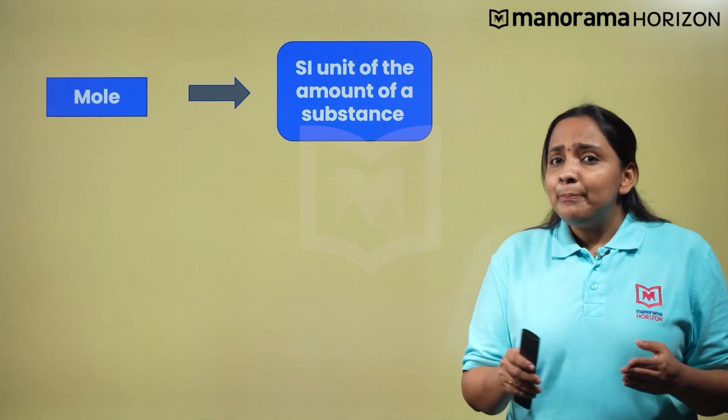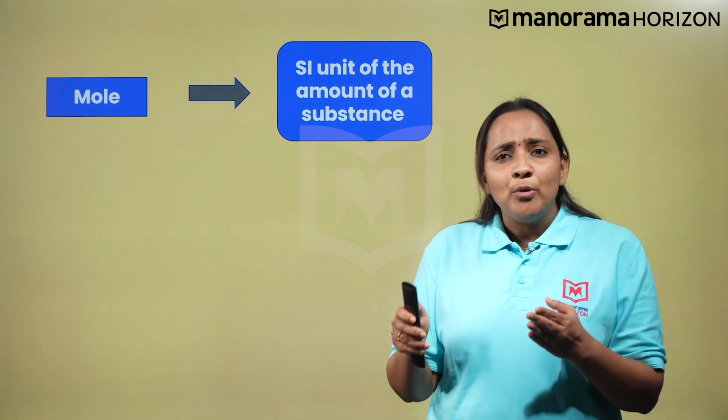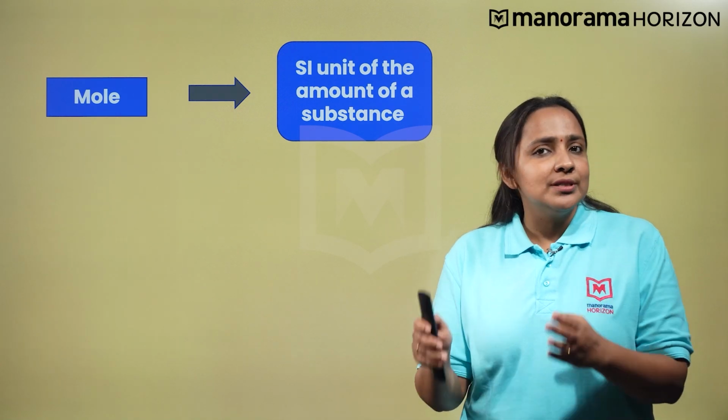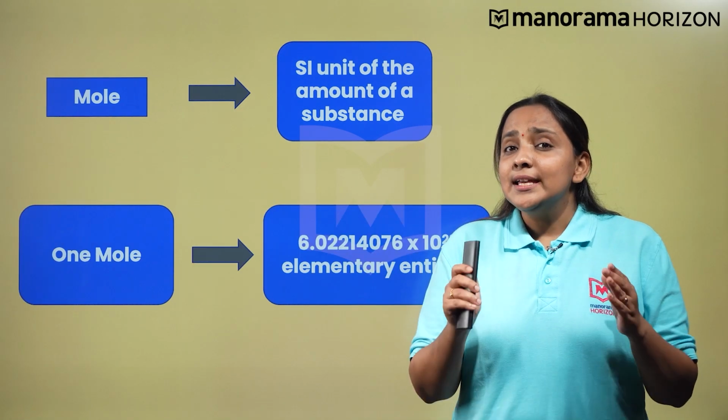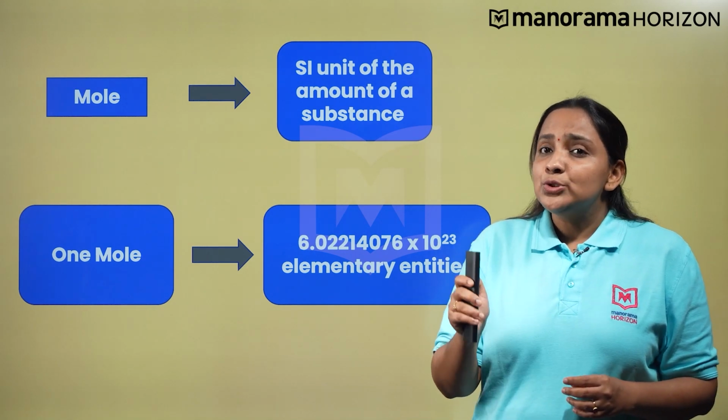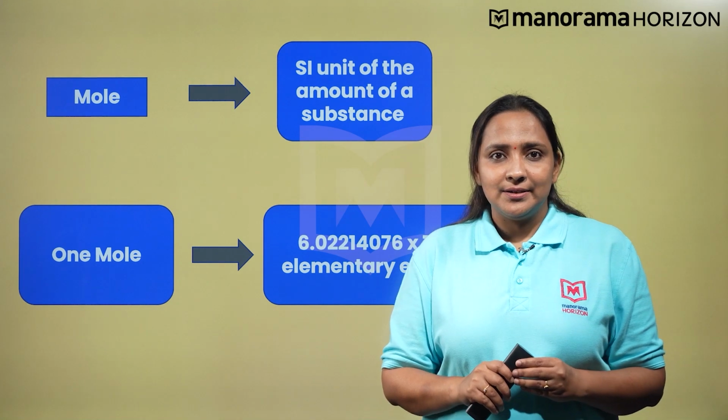So now we can say that the mole, depicted using the symbol mol, is the SI unit of the amount of a substance. 1 mole is equal to 6.022 × 10^23 elementary entities.